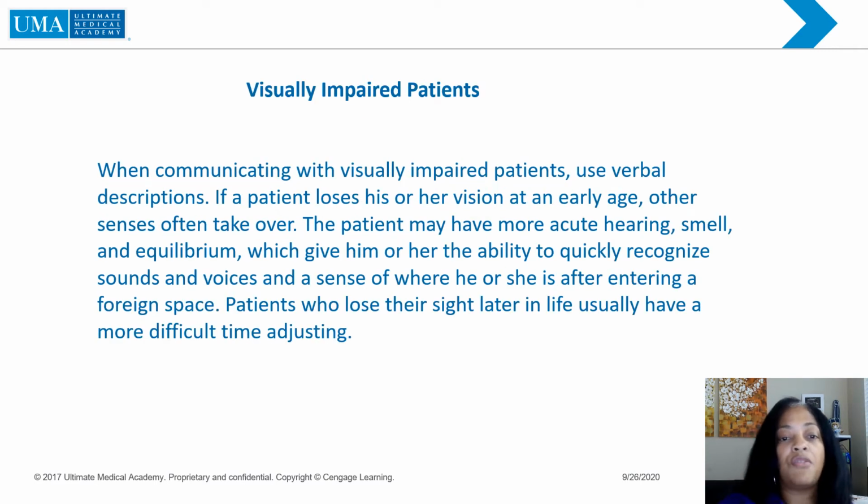So even visually impaired people, they always say if you are lacking in any one of your senses, the other ones are heightened. So this is just a fact. That's just the way it typically is.